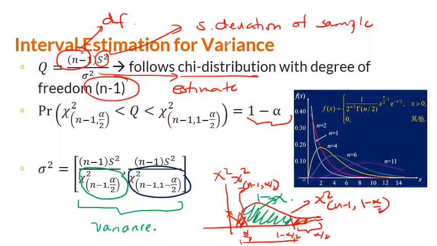And take note class, your chi-square distribution function becomes flatter as the degrees of freedom increase. Look at this class, the distribution becomes flat as you increase the number of degrees of freedom.